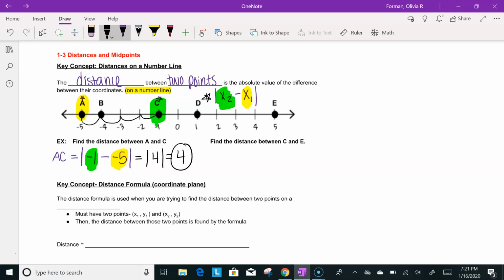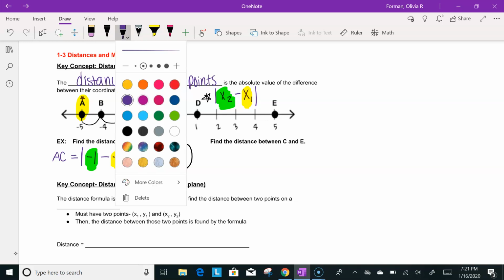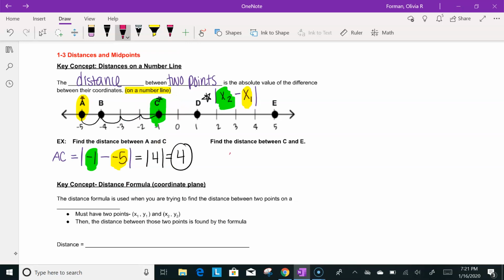I just wanted to make sure you understood that what we're really taking is the absolute value between those 2 points. If I look at C and E, C is at -1, E is at 5. You take the absolute value of the difference between those two numbers.